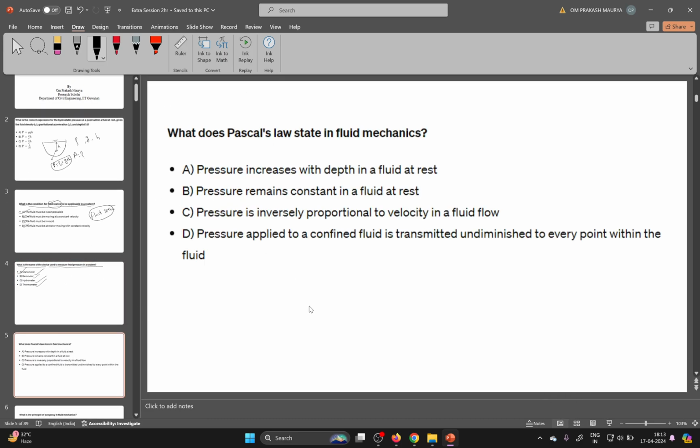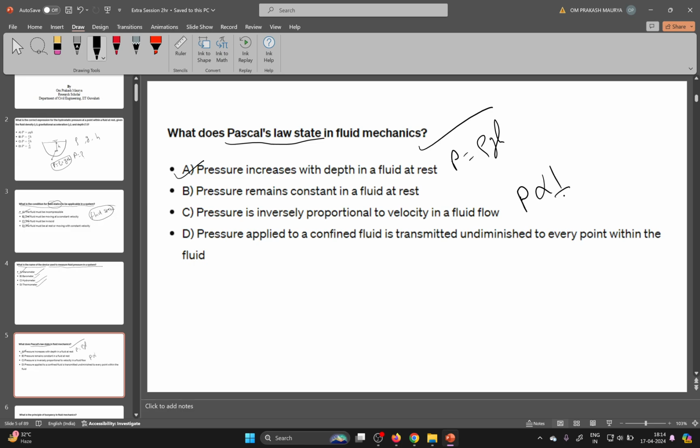Now the next question is, what does Pascal's law state in fluid mechanics? Option A is pressure increases with depth in a fluid at rest, that is P is equal to rho ZH. Option B, pressure remains constant in a fluid at rest. Option C, pressure is inversely proportional to the velocity in fluid flow.